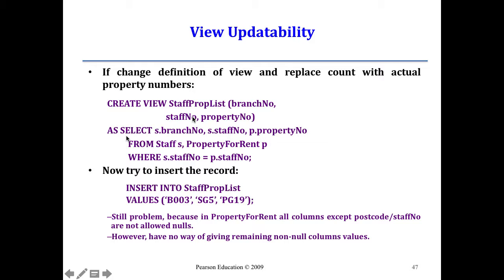Now it's a list of all properties that are being managed along with the staff numbers in the branches. All I'm including is the branch number, the staff number, and the property number. So again, I'm going to try to insert into this view a new property. Property PG19 managed by staff member SG5 at branch B003.